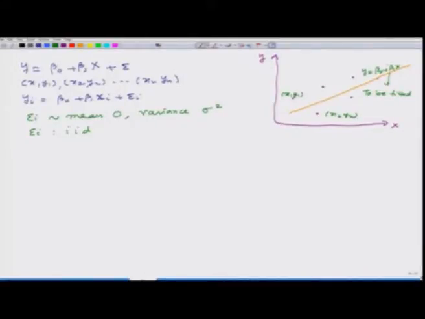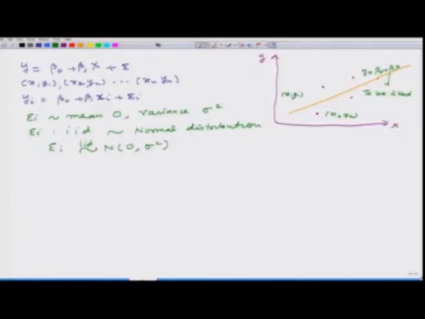At this moment, I am going to make an assumption that epsilon i's are IID and they are following a normal distribution. So, I can write briefly that epsilons are IID following a normal 0, sigma square distribution.